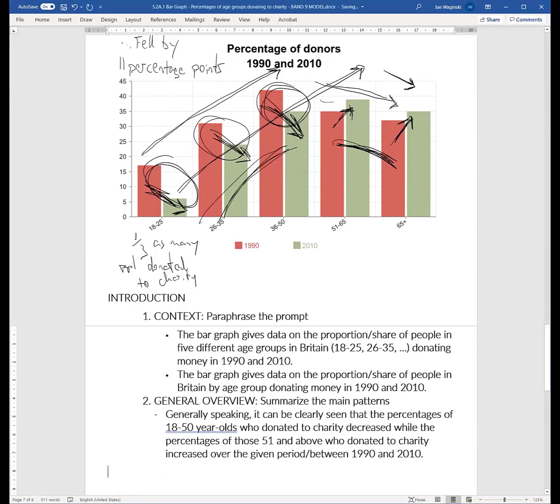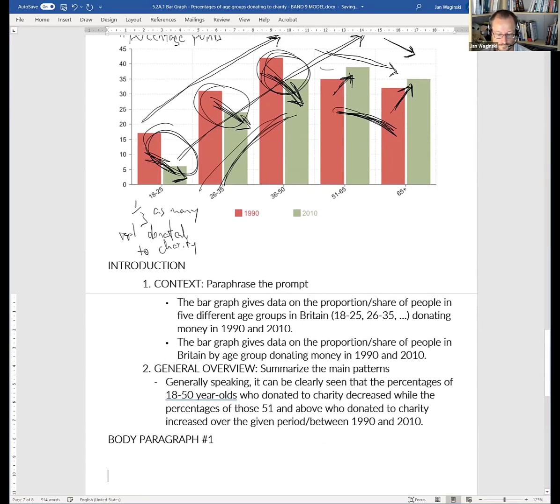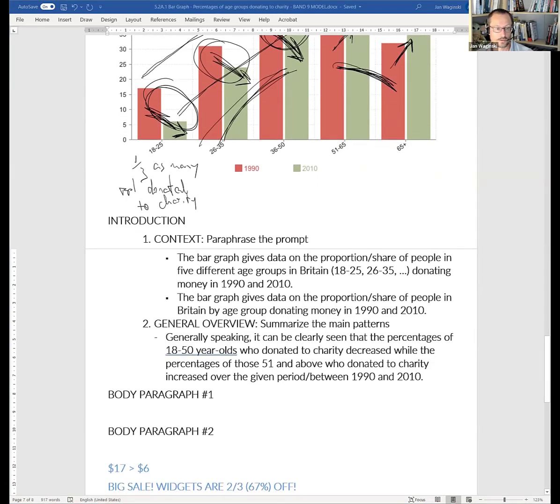So body paragraph 1, I'm going to post a model for you, because we're running out of time. We've got 10 minutes. I'm going to post a model here.